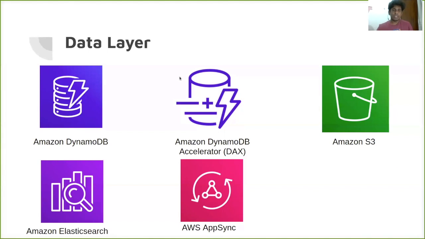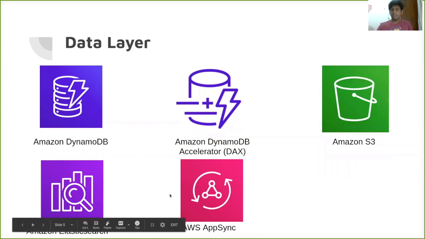And with these, we also have Amazon Elasticsearch, which is their own managed implementation of Elasticsearch. So we don't have to worry about the infrastructure. They do all the management. What we have to do is use the service. And if we want subscriptions and real-time updates on this data, for example on DynamoDB, we can use AWS AppSync.